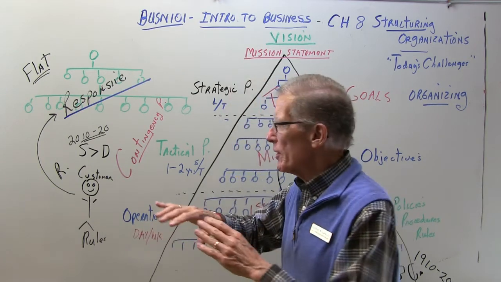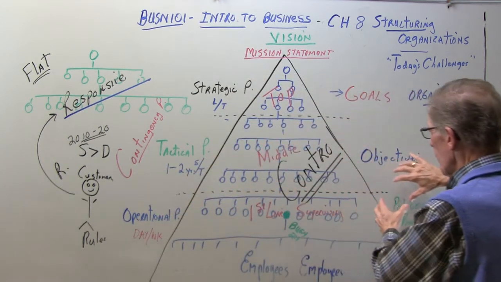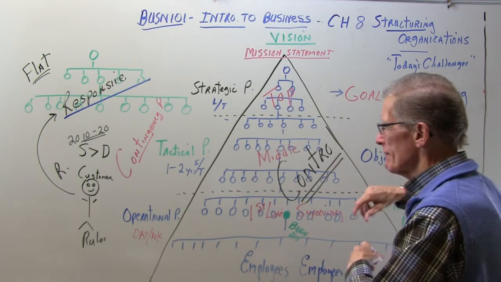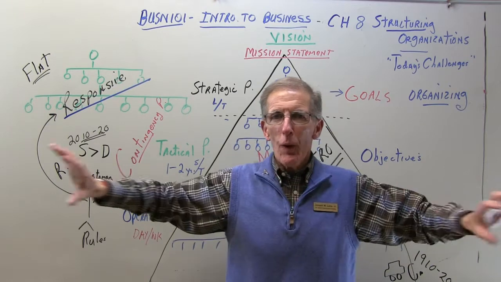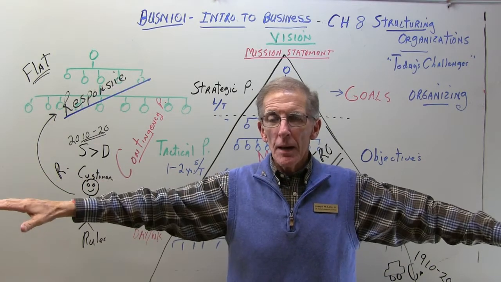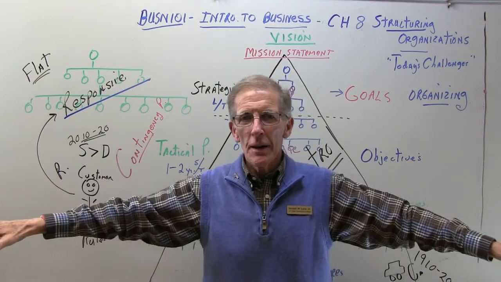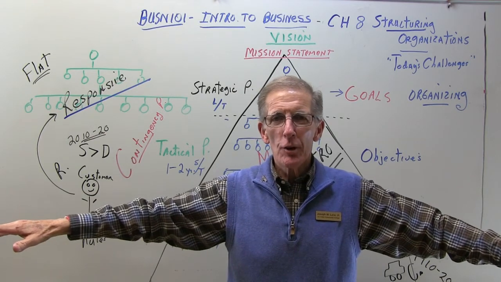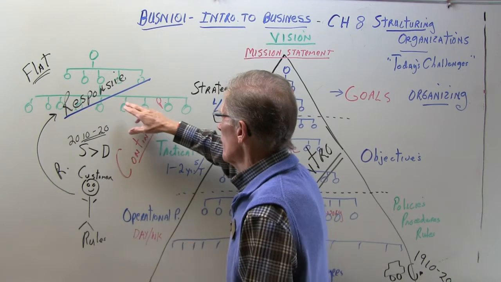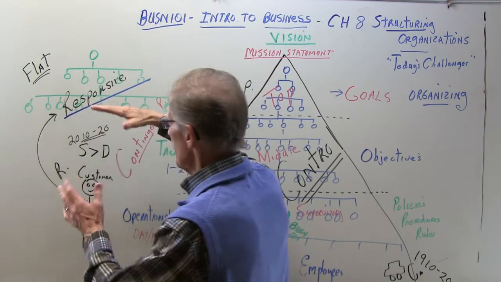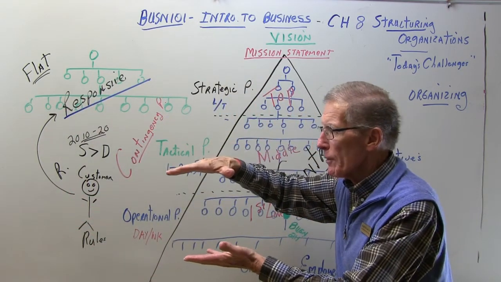To be responsive to the customer, you're going to get rid of some middle management and squash your organizational structure down so it's wider. If it's wider, does that mean you're going to be supervising more or fewer people? More people. Because you have empowered folks.